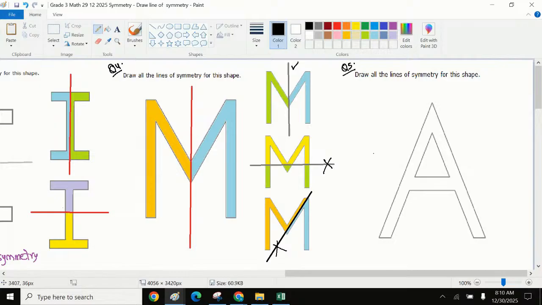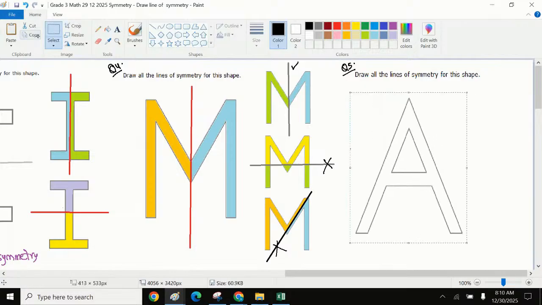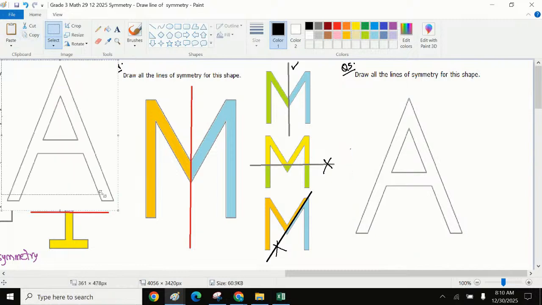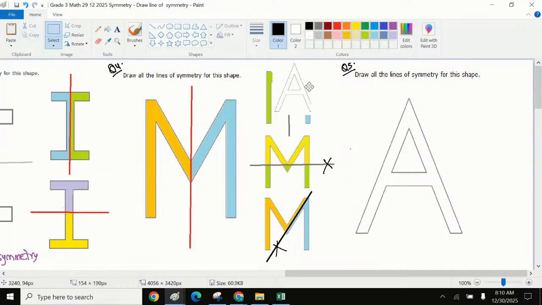Question number 5. Vertical is there, but let's see if we can have horizontal as well. If we copy the shape, let's resize it so that we can use it for our understanding.